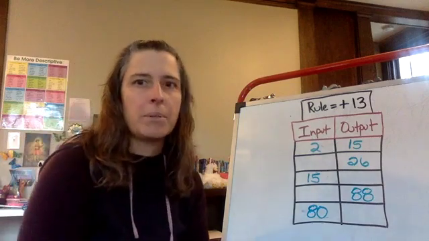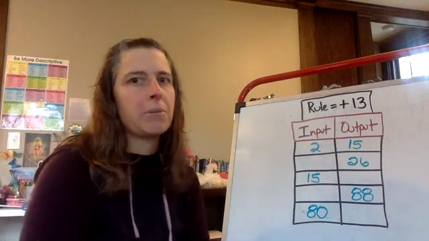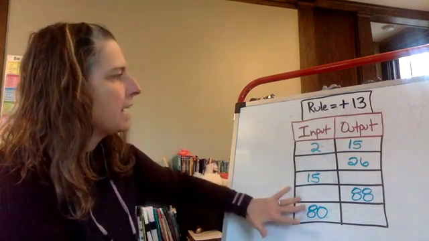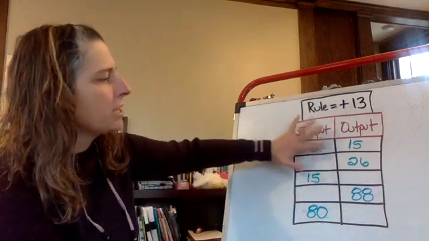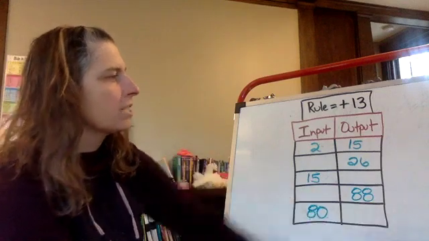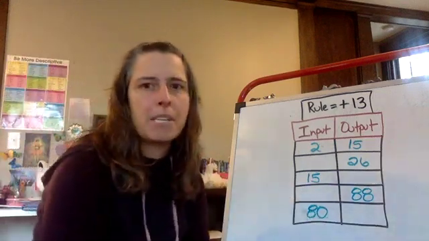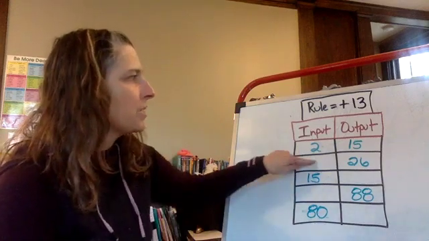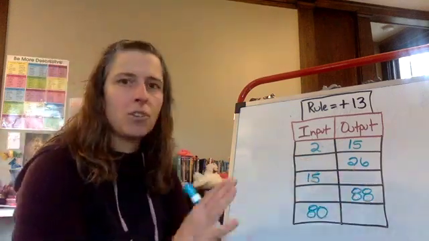Today is going to look a little bit different. One, we're working with bigger numbers, and two, you'll notice that the input side is not entirely filled in, and neither is the output side. So our job is to figure out how to apply the rule to find the input side and the output side. So let's do it together.